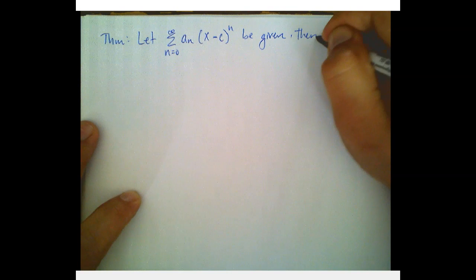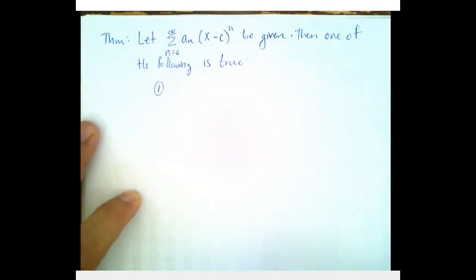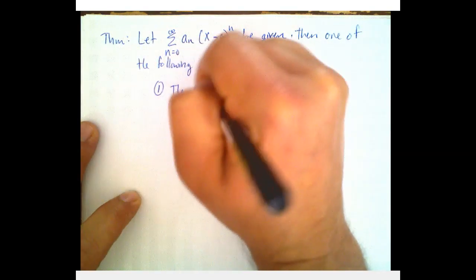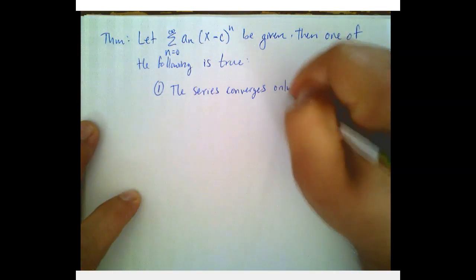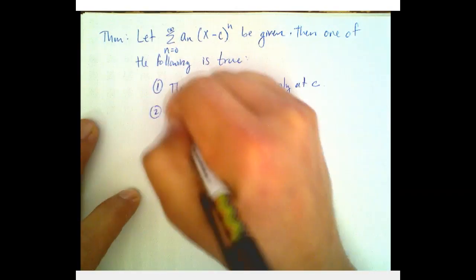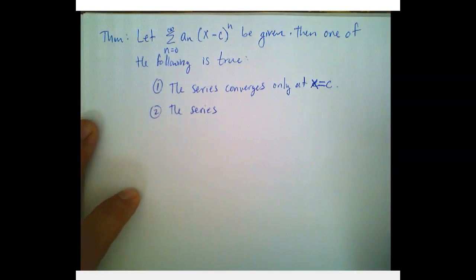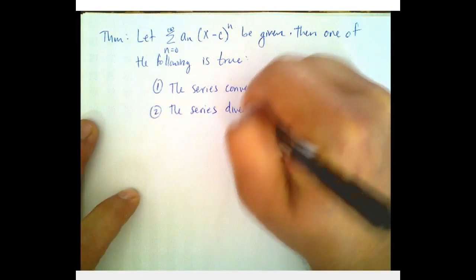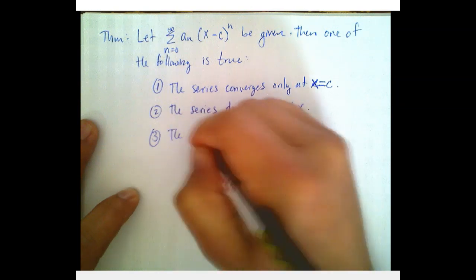Then one of the following is true. 1, the series converges only at c. 2, the series diverges for all x other than x equals c. Or 3, the series converges on an interval.